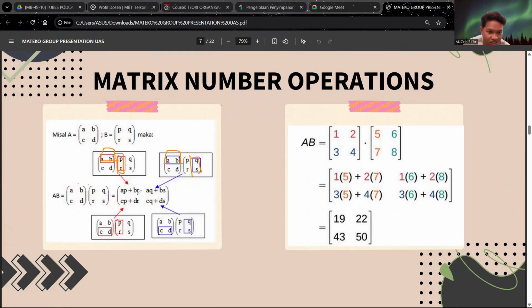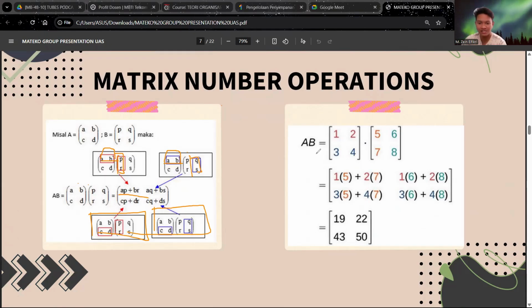Okay, then we have the result here: A times P plus B times R, A times Q plus B times S, C times P plus D times R, C times Q plus D times S. Like this, okay? You can see the picture here.